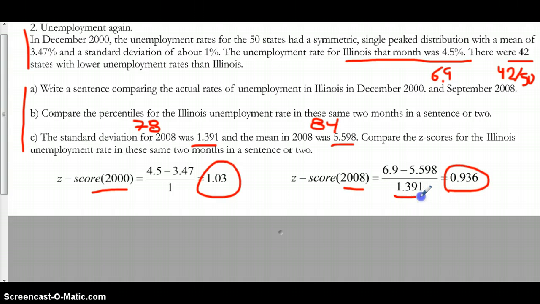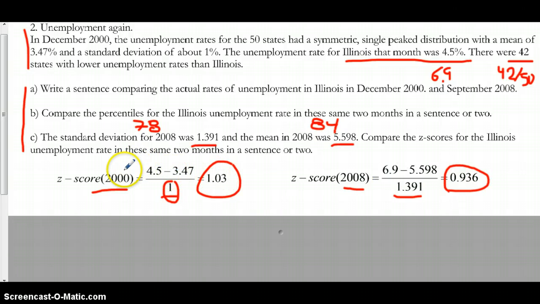Notice that the standard deviation in 2008 is much bigger than the standard deviation in 2000. The relatively small standard deviation in 2000 tells me that my data points in 2000 are closer together, and that's why 4.5 is more standard deviations away than 6.9 was in 2008.